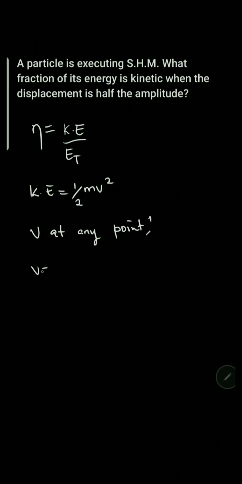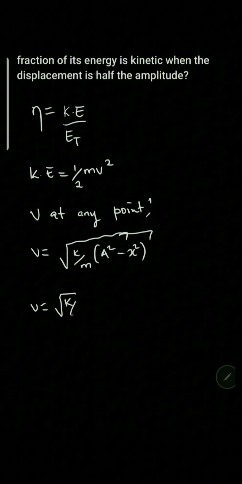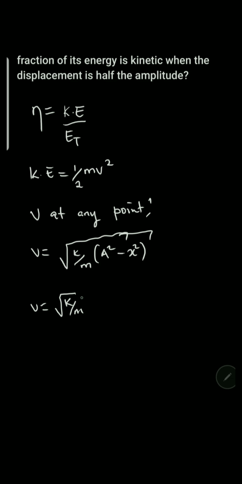velocity at any point is calculated as v equals root of k over m, then we have a squared, where a is the amplitude, minus x squared, where x represents the displacement. Now from the laws of surds in mathematics, we can split the root and say v equals root of k over m, multiplied by the root of what we are left with, which is a squared minus x squared.